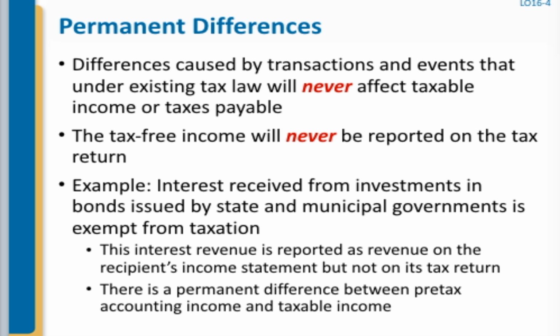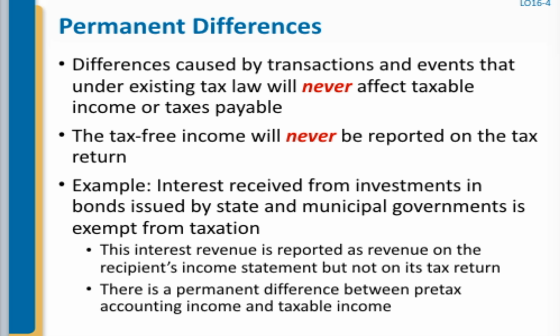So what this means is, instead of having a timing difference in recognition, we're talking about items that for whatever reason are tax-free income. That is usually where this occurs.